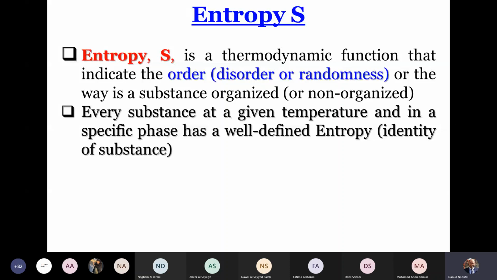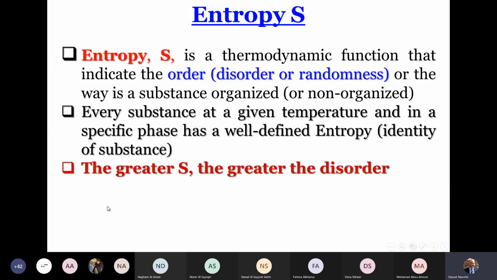Any substance has a value Cp, has Cv, has delta H of formation, and now we add a new identity. Any substance has a value of entropy S.